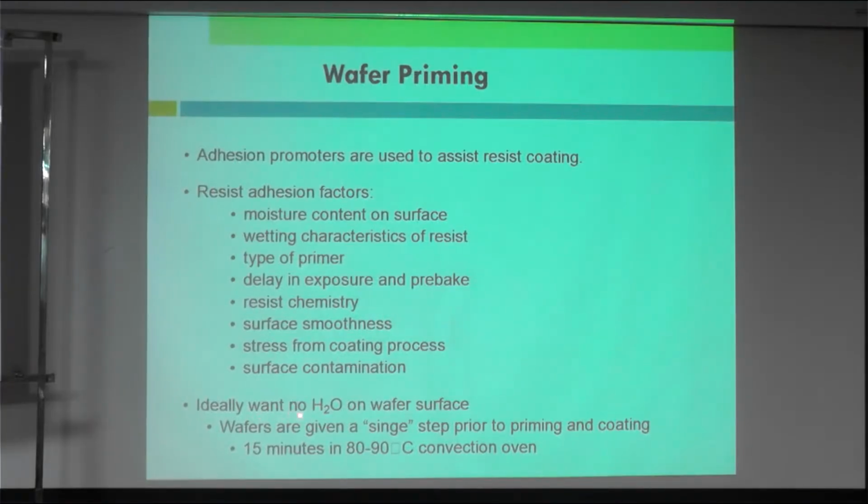Ideally, we want no water on the wafer surface, and wafers are given a bake step prior to priming and coating, 50 minutes at 80 to 90 degrees Celsius in the convection oven, basically.